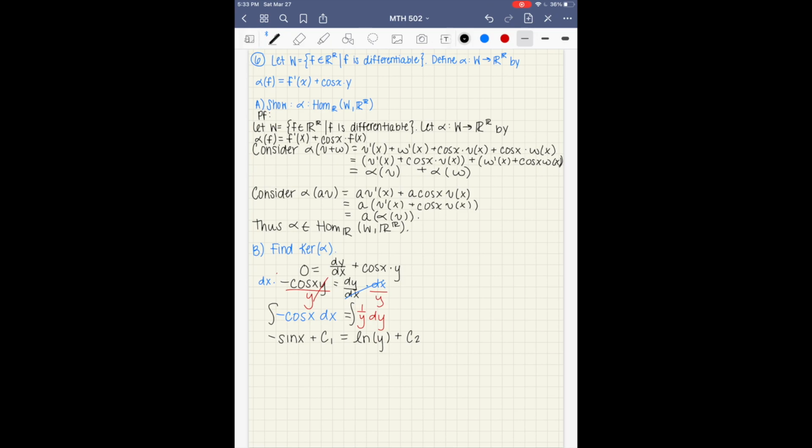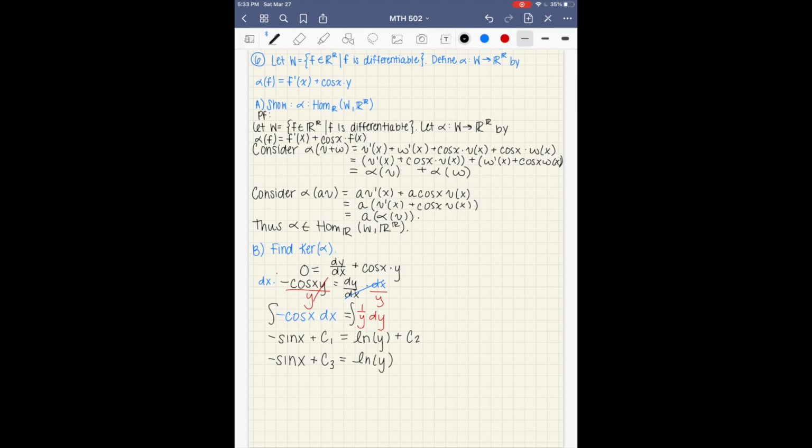So now what I did from here was I solved for y. I got y alone, so I brought my constants together. So then I got negative sine x plus some constant, I called it C3, equals natural log of y.